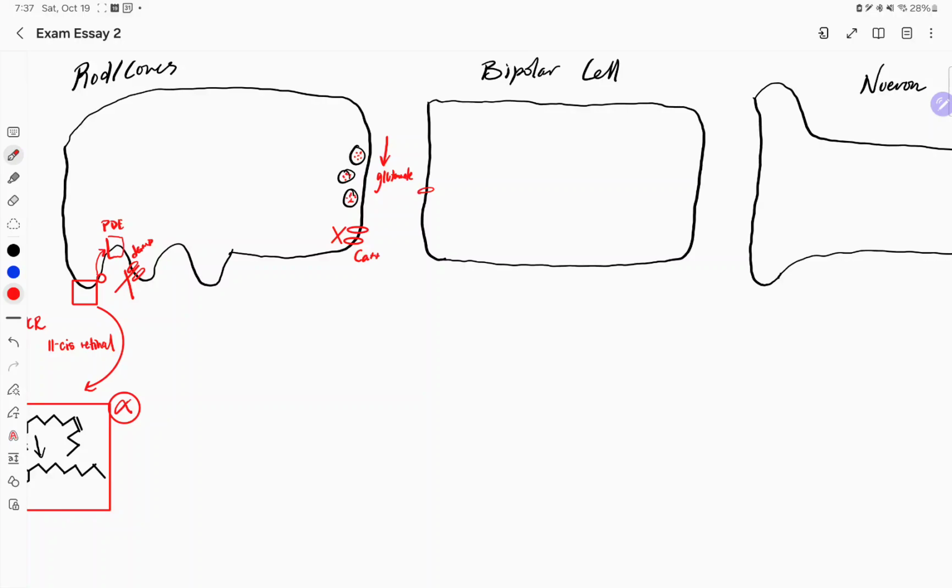And if that's the case, then this membrane here that is in the bipolar cell, known as mGluR6, will not be activated.